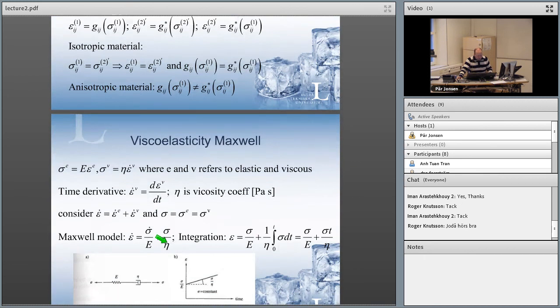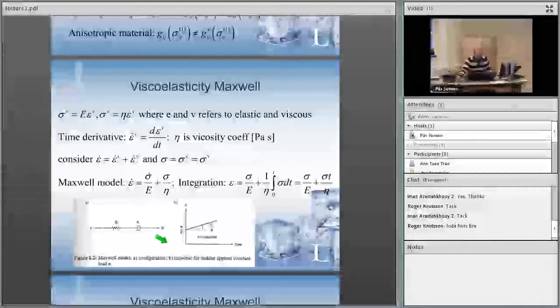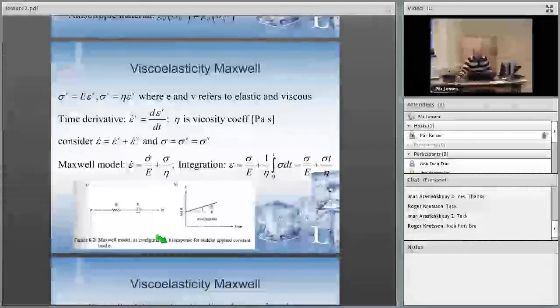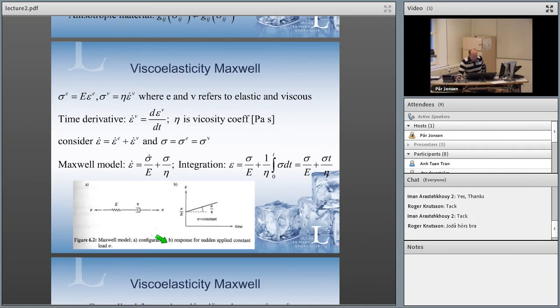Okay, now we're going into a little bit more advanced models called the viscoelastic Maxwell model. And viscoelasticity is when you have time-dependent response. And here you can split the stress tensor into an elastic part and also into a viscous part.